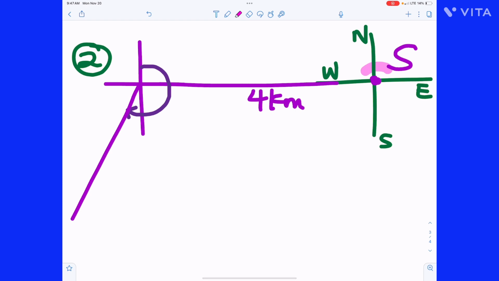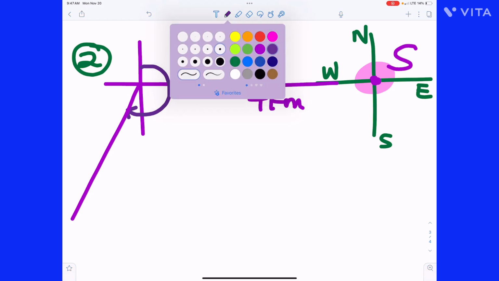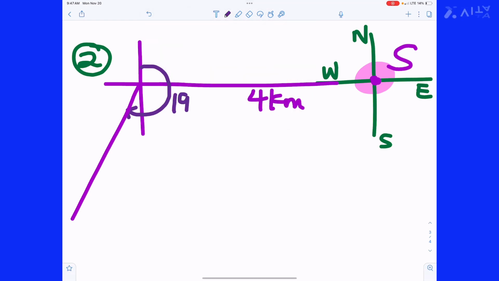Now, this is the starting point. After walking on a bearing of 197 degrees, this angle is what? 197. Altogether, this whole angle is 197 degrees. So you must know that this small part is what? 17.